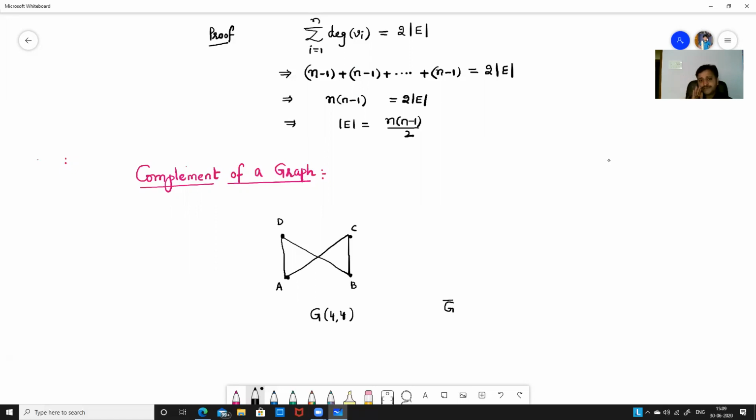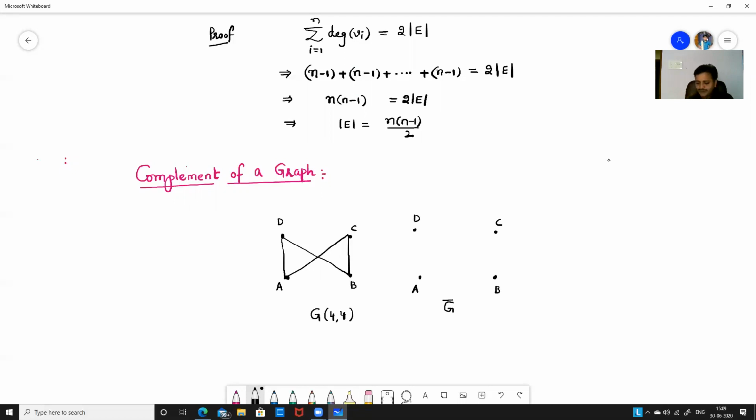If there exists an edge from U to V in the given undirected graph, that edge does not exist in the graph G bar. Very simple. Let me take G bar here. G bar also contains the same number of vertices, A, B, C, D.